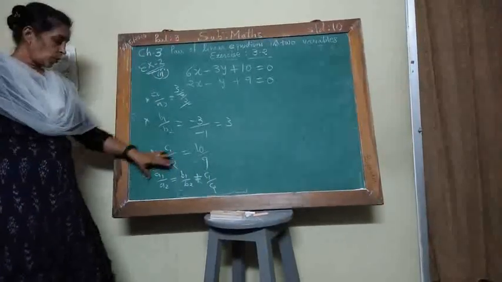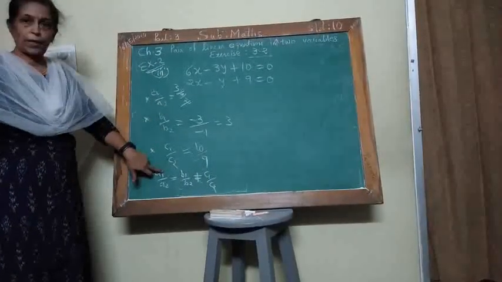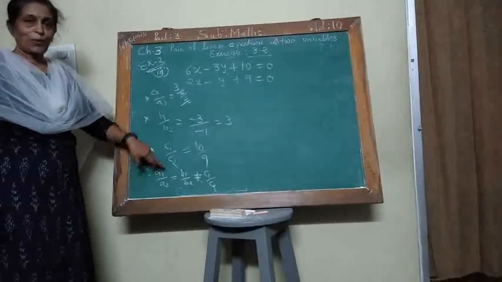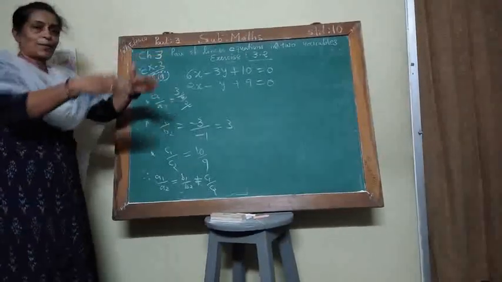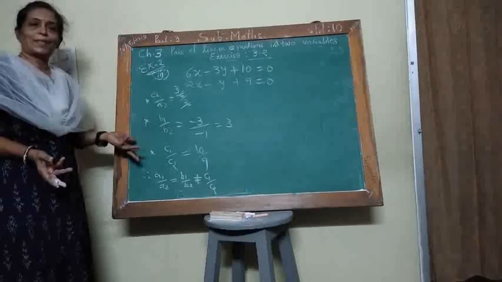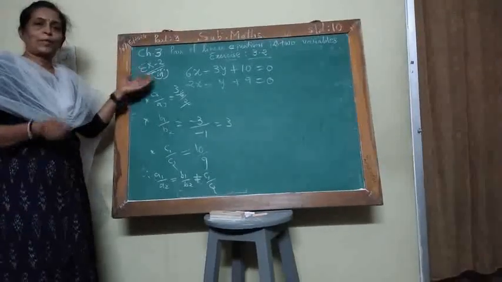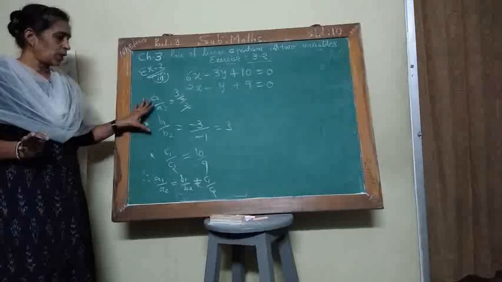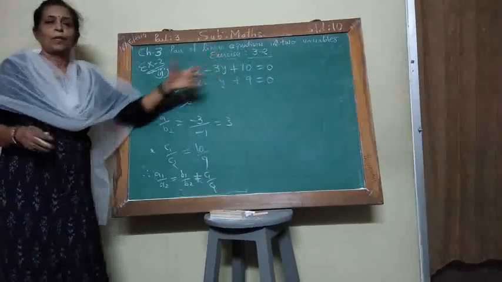Both first two are the same and the third is not. So you get parallel lines. You do not have to draw the graph, only see the ratios and predict.